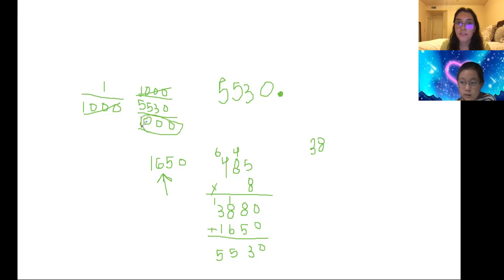So if you're dividing by 10 or 100 or 1,000 or even 10,000, however many zeros there are, you're going to move the decimal to the left. So we have 3 zeros. We go 1, 2, 3. Put the decimal there. And if it were the opposite, say we were multiplying, in this case we're not though, we would be going in the opposite direction. Does that make sense to you?